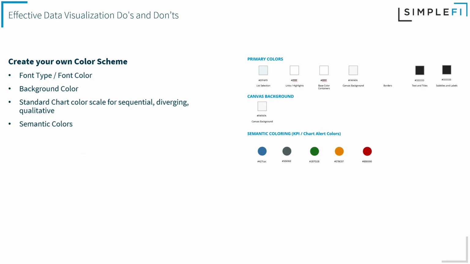It can easily be done. There are lots of examples of color schemes out there. If you're an SAP customer, you can, for example, Google SAP Belize or SAP Horizon.